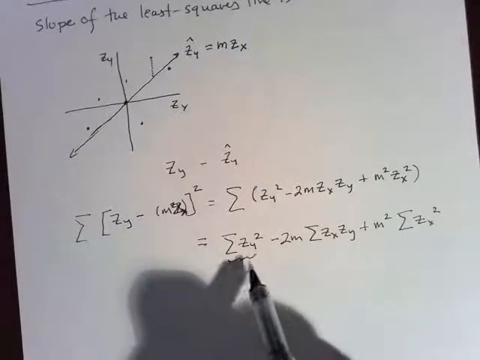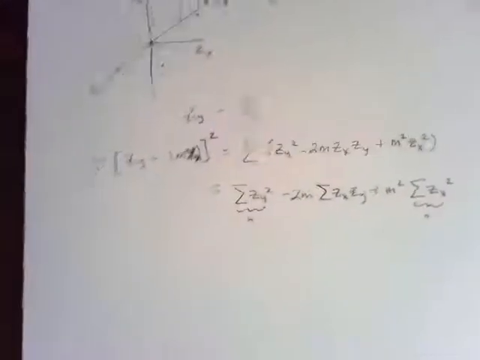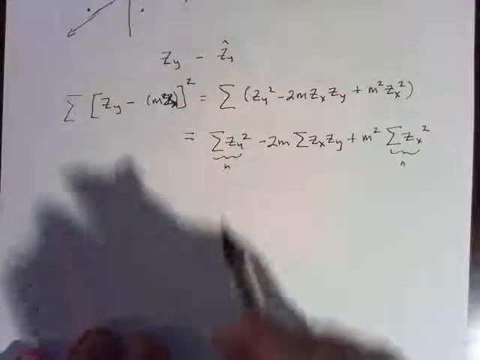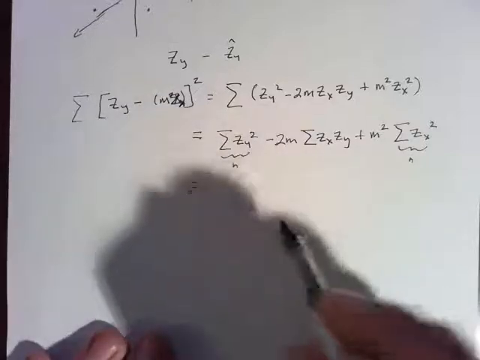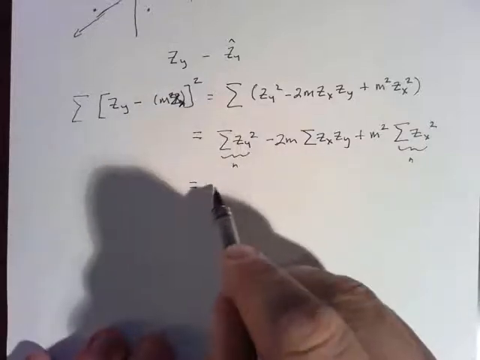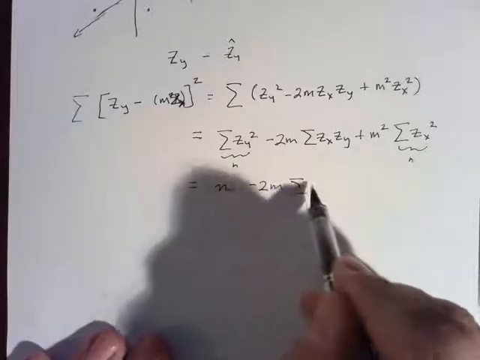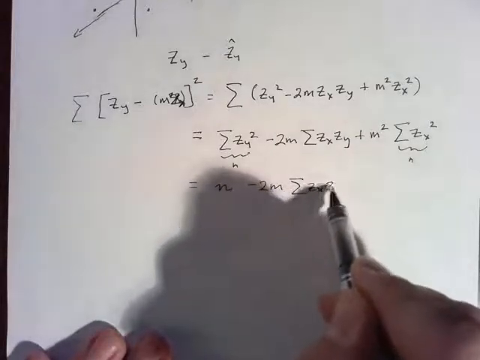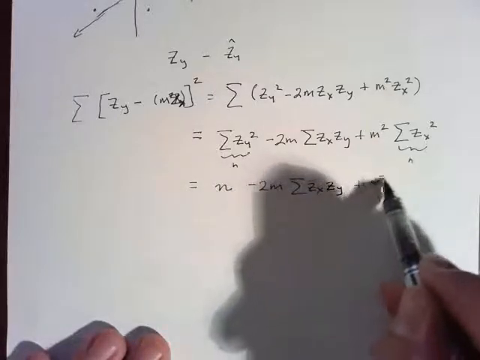So this is n, and this is also n. N is the number of data points we have, the number of ordered pairs in this case. So what I get is this sum of squares of residuals turns out to be n minus 2m sum zx zy plus m squared times n.